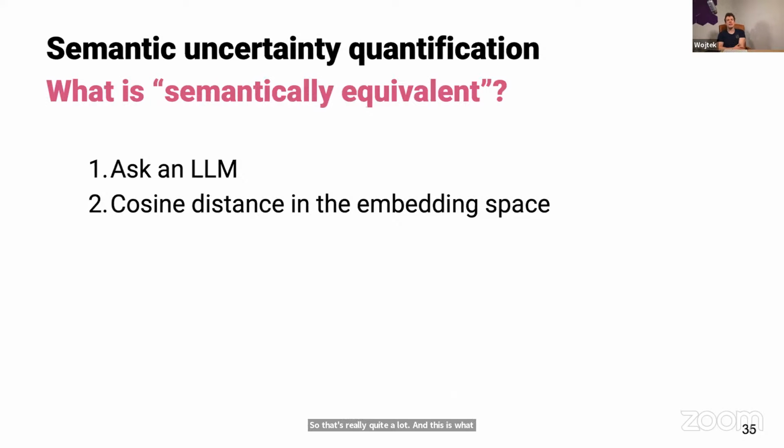Now, the second question we might have is, what is semantically equivalent? We understand it as humans, but how can we actually measure it? And the answer is quite similar to the previous approaches: we either ask an LLM, compare these two answers, are they semantically equivalent, yes or no? Or, second, again use the cosine distance in the embedding space.